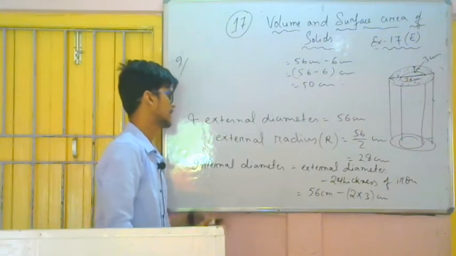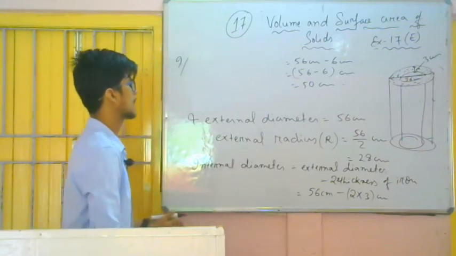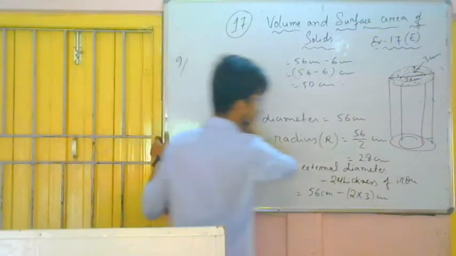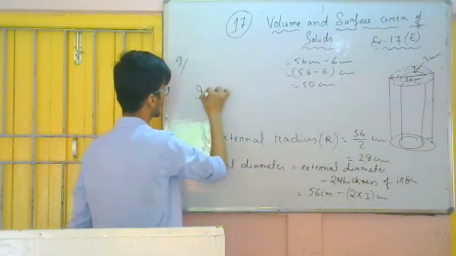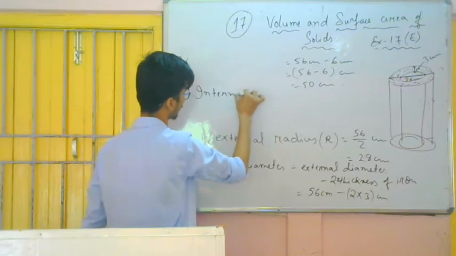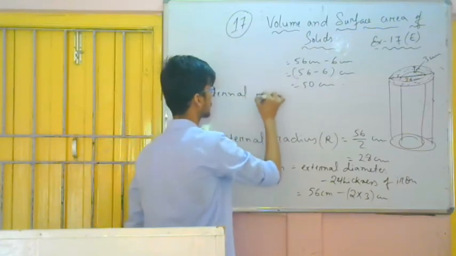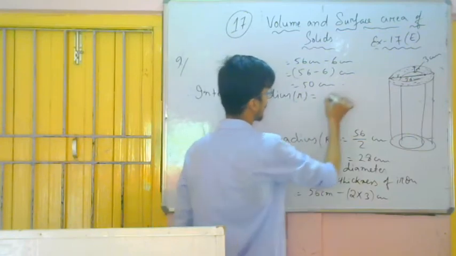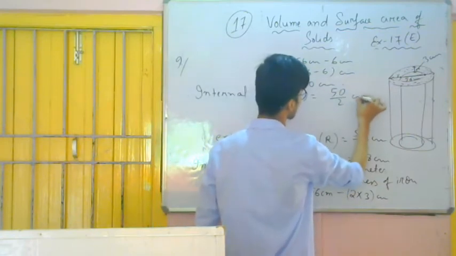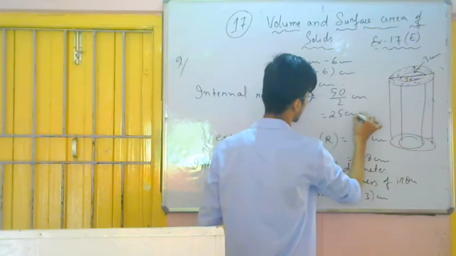Now I will find the internal radius. It will be half of the internal diameter. So internal radius, small r, will be 50 by 2 centimeter, that means 25 centimeter.